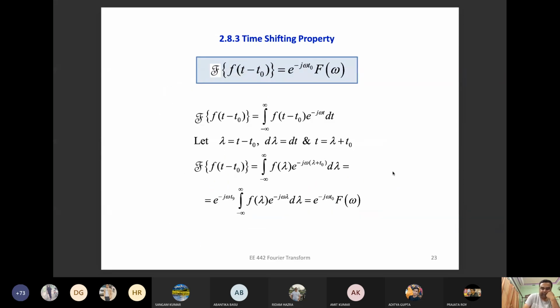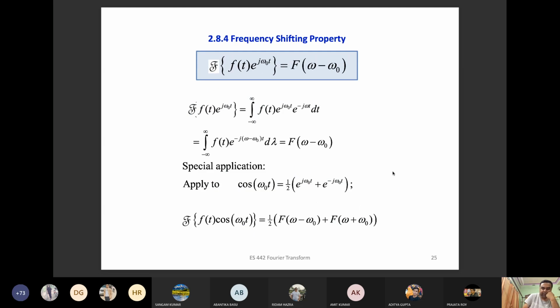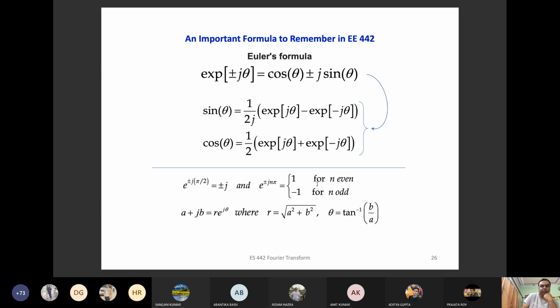Now, if we apply it to cos ω0t equals half of e^(jω0t) plus e^(−jω0t), then the Fourier transform of f(t) cos ω0t is equal to half of F(ω − ω0) plus F(ω + ω0). That is Euler's formula, and you know sin θ and cos θ.